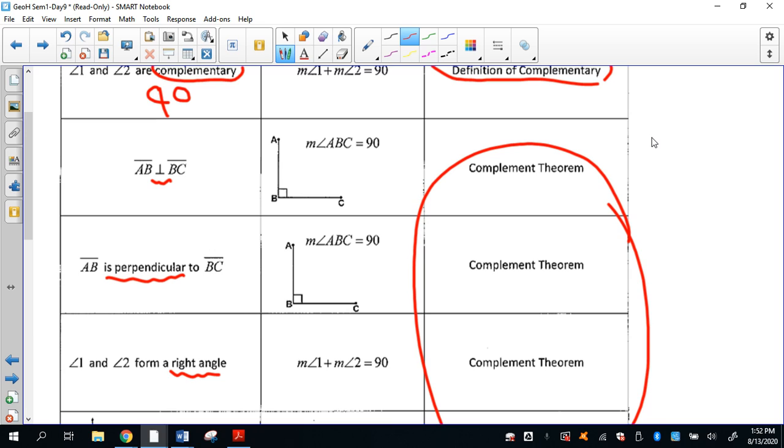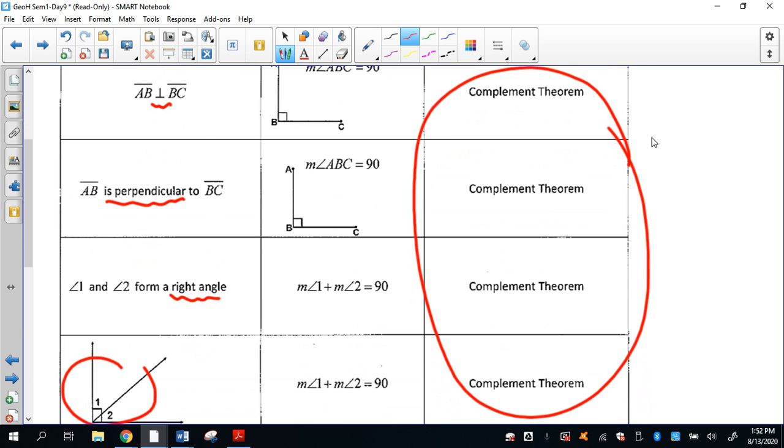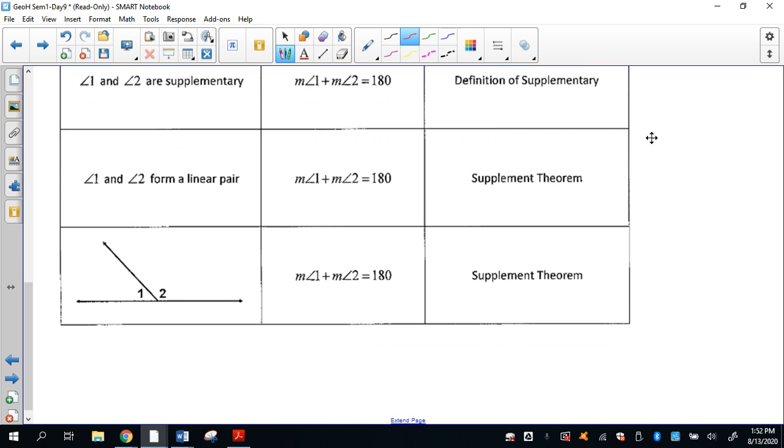So for the first five, the equations are all equal to 90. Mostly you'll have the complement theorem unless they give you the word complementary. If they give you the word supplementary, just use the definition of supplementary. Again, supplementary, that S almost looks like an 8, so 180 is one way to remember that supplementary angles add to 180 degrees.